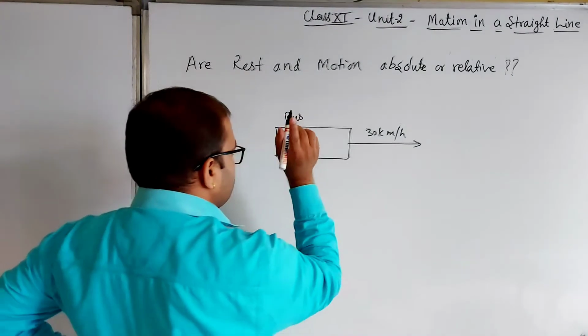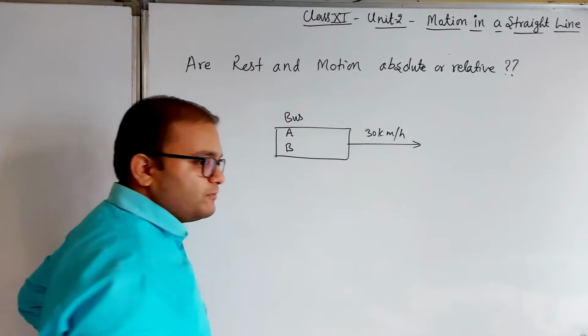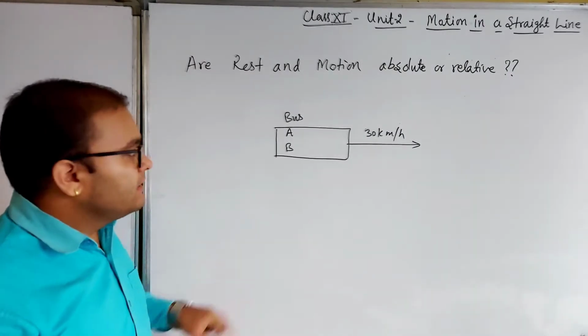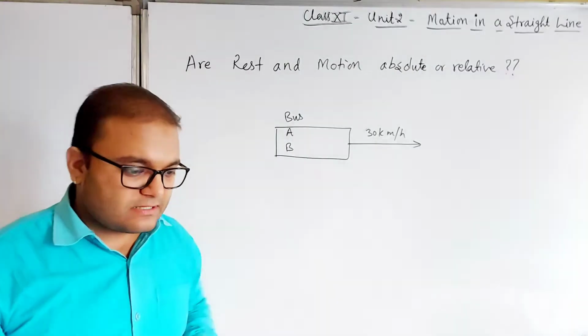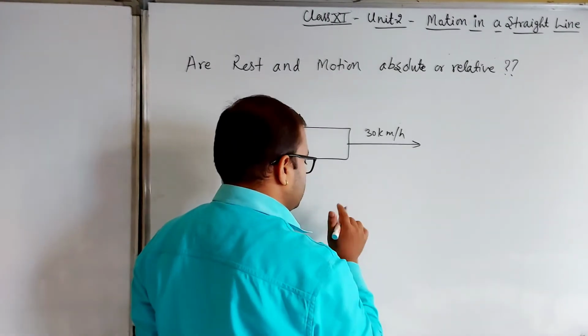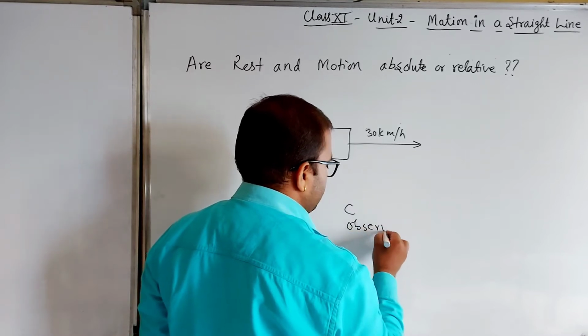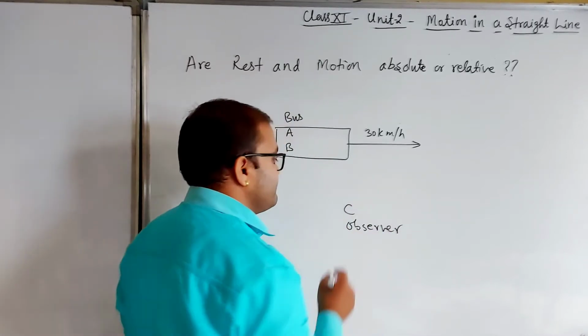Suppose there are two persons, A and B, sitting inside the bus, and there is an observer C outside.